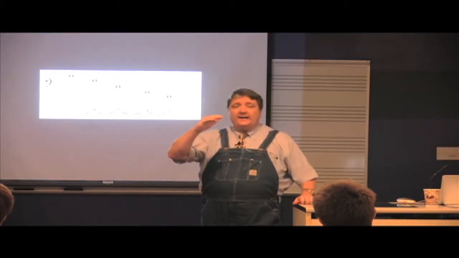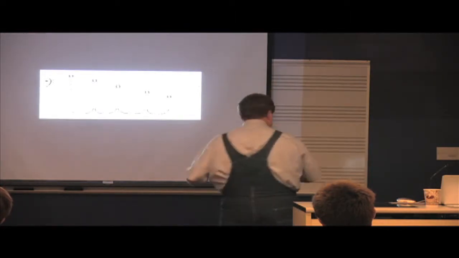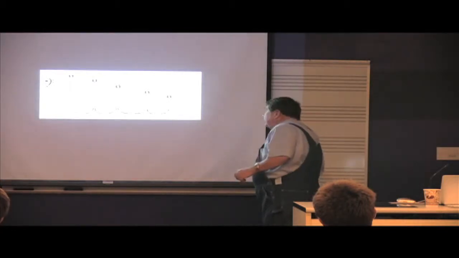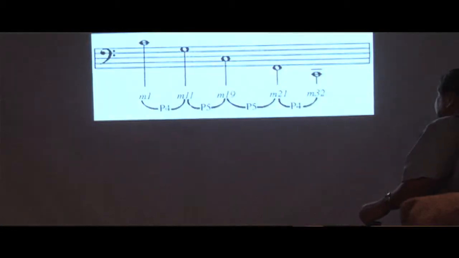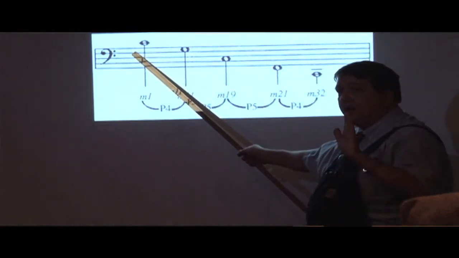When we look at the bass in that piece, this is what we see. Where's, oh, my pointer. This is his first note in the bass, the real first note.